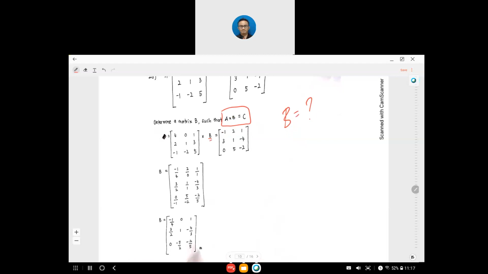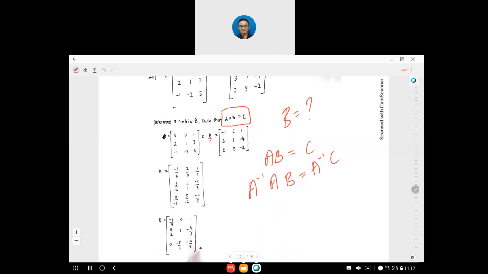So kita tahu AB equals C. Okay. Both sides you times by the inverse. A inverse times A B equals A inverse C. We times A inverse on both sides.